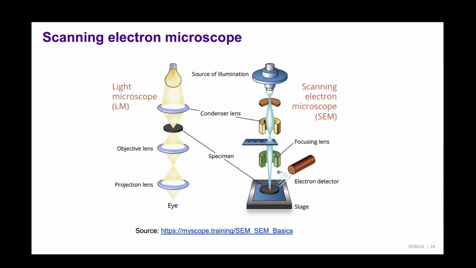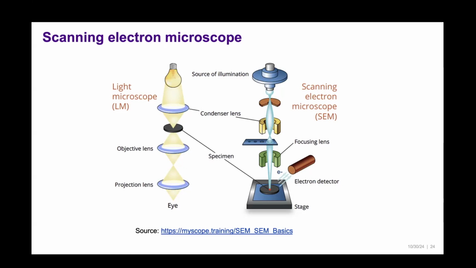Now we can compare the simple light microscope and scanning electron microscope, very simplified. Scanning electron microscope can come very advanced, with a price ranging from $500,000 up to several millions. That's because of the complexity. It has to work in a high vacuum, and the entire vacuum system is called column and sample chamber.